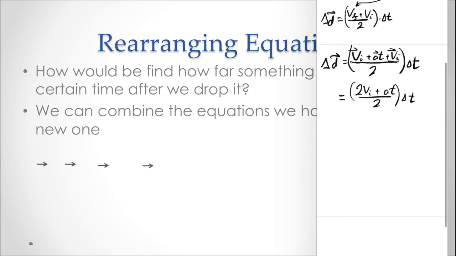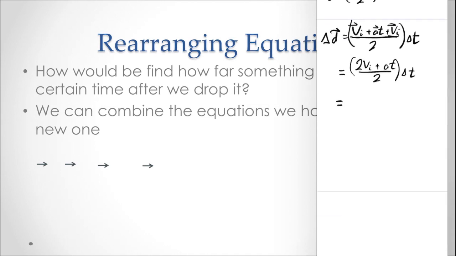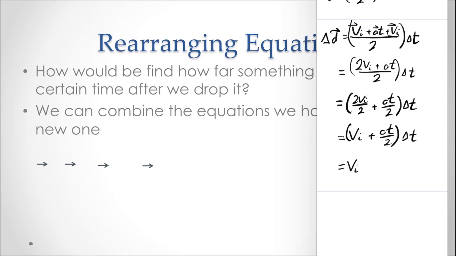Using our knowledge of fractions, we know this can be simplified into 2 Vi over 2 plus at over 2 times delta t. This first term just simply becomes Vi plus at over 2 times delta t. Distributing our time into our brackets, we get Vi times t plus at over 2 times t, where we change delta t into t, as we did already before.